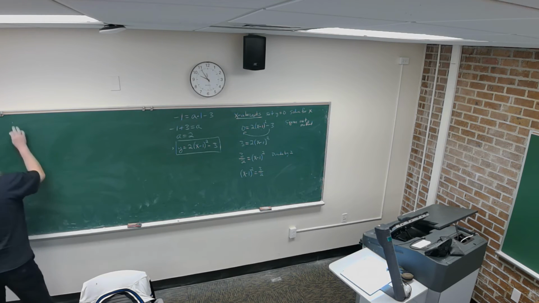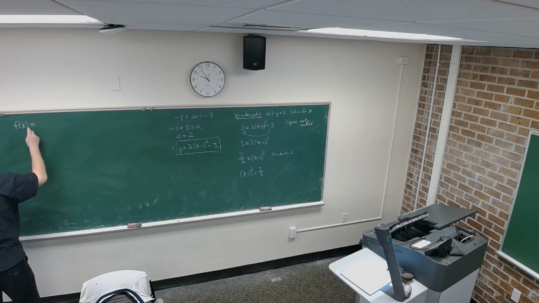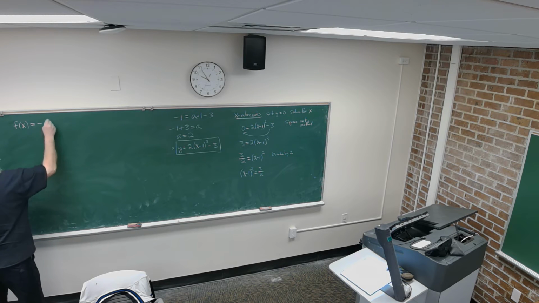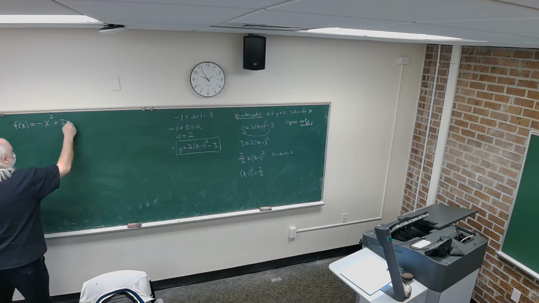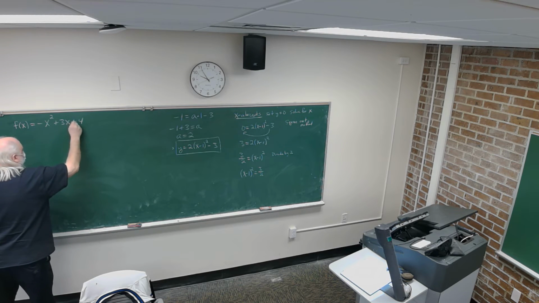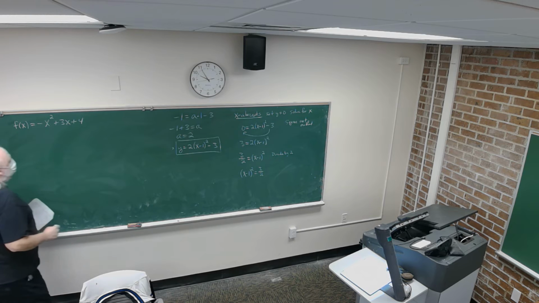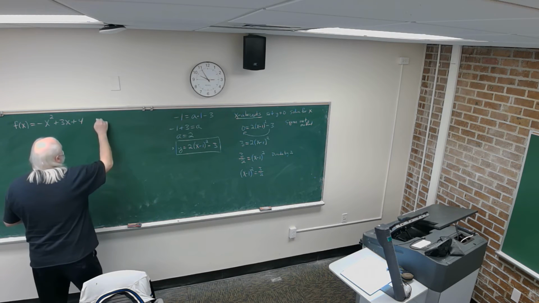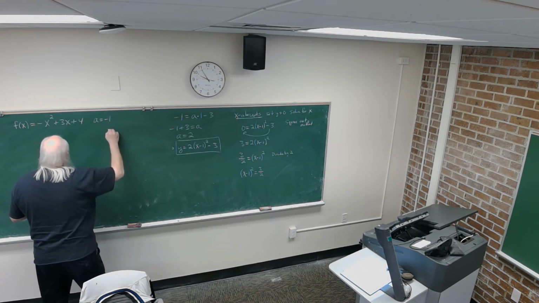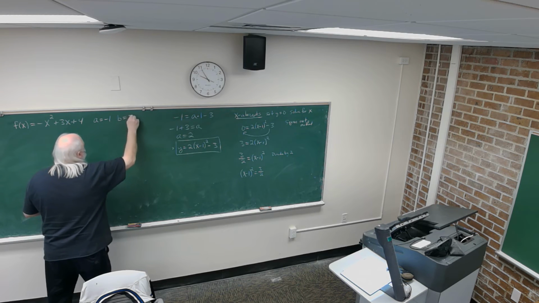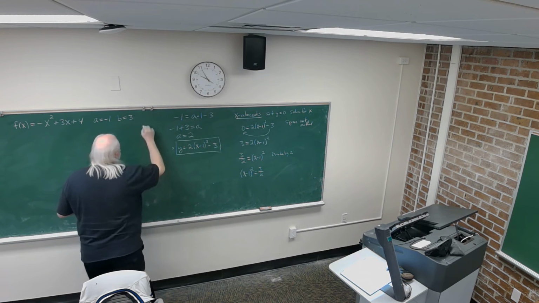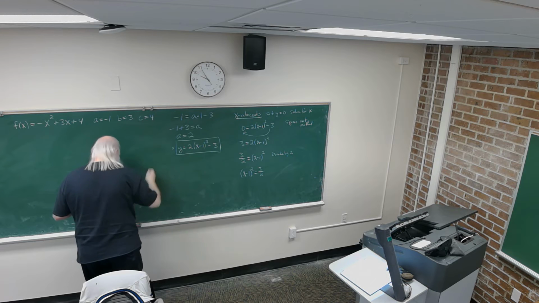So we have f of x is equal to minus x squared plus 3x plus 4. So a in this case is equal to negative 1, b is equal to 3, c is equal to 4.